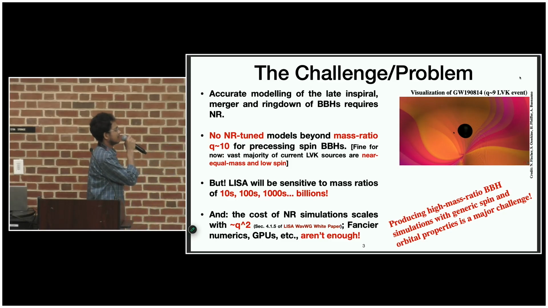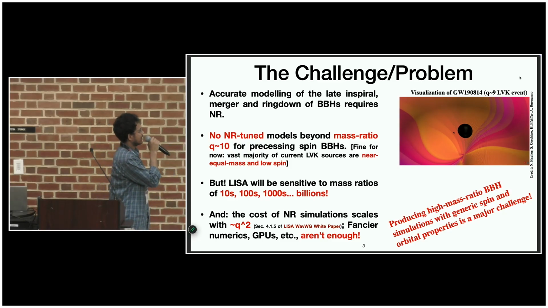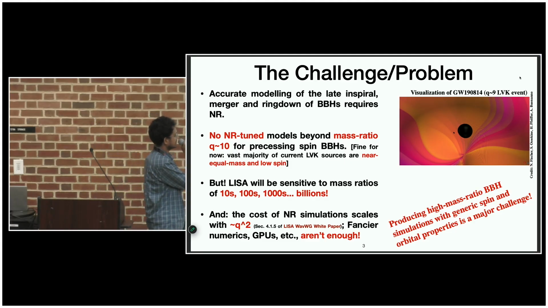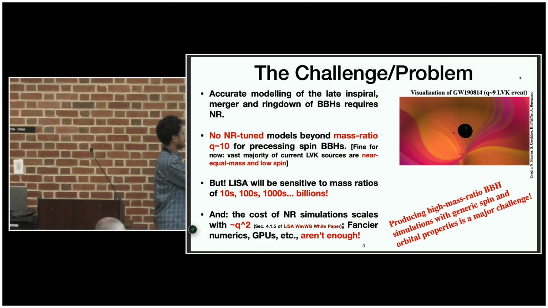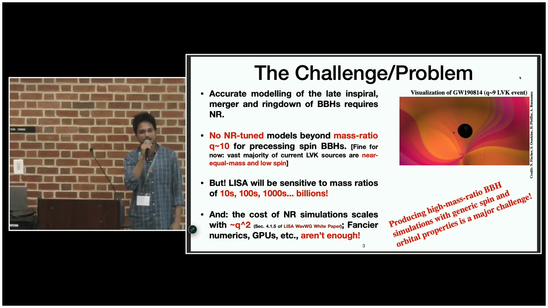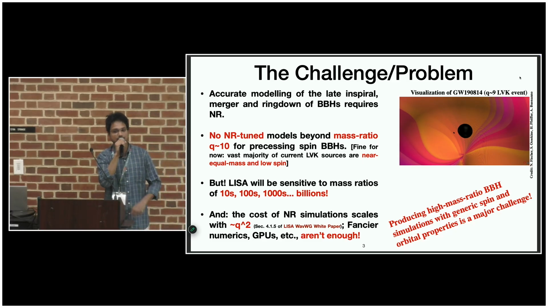We can observe from 10 to billions. But then the question is how difficult it is to do numerical relativity simulations for these mass ratios. Typically the computational cost naively goes as q squared with the mass ratio, because for a large mass ratio binary you have many more cycles and you also have to resolve the small black hole.